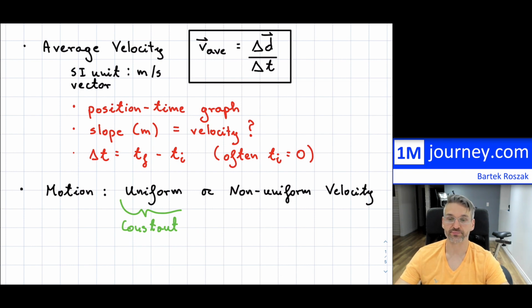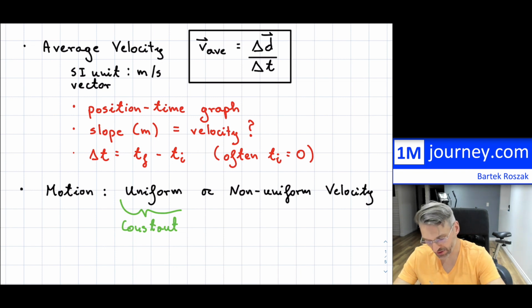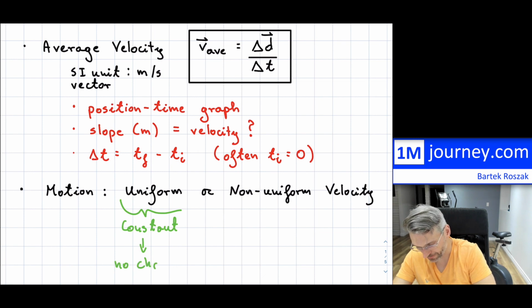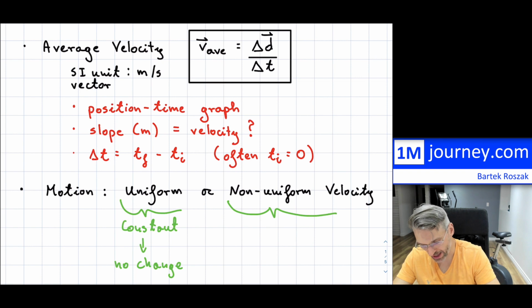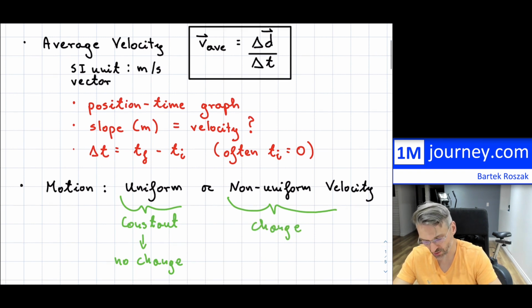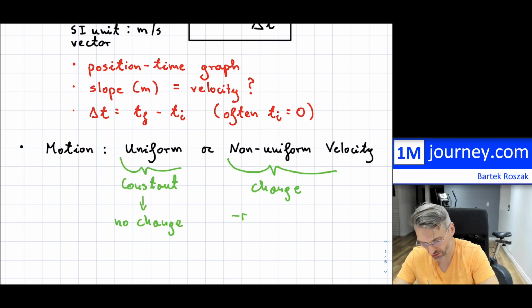And here, now what can possibly change? Constant means no change, and non-uniform means that it does change. And now the question arises, well, what can actually change in your velocity? Well, you can speed up, right?